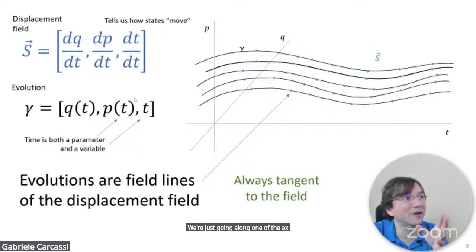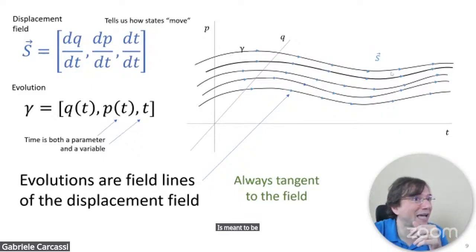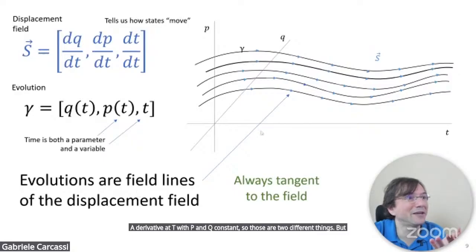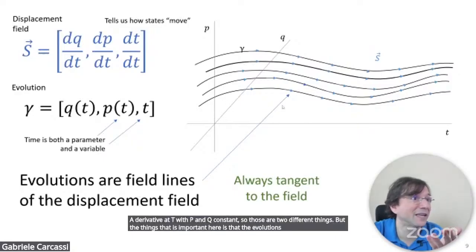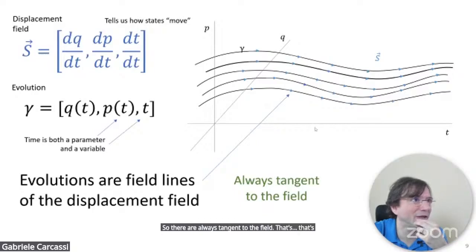This is important because a total derivative is meant to be a derivative in time over the evolution along a path, while a partial derivative in time is meant to be a derivative at t with p and q constant. So those are two different things. But the important thing here is that the evolutions are field lines, and so they're always tangent to the field.